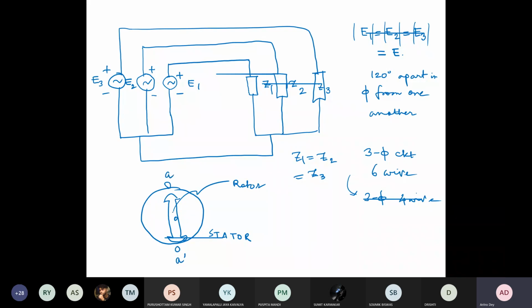This is your electromagnet or maybe permanent magnet. Usually it is an electromagnet when we go for the parts in the generating plant. When we take an alternator here, this will be an electromagnet. This is your stator, and here you have another coil, B dash, and C dash.